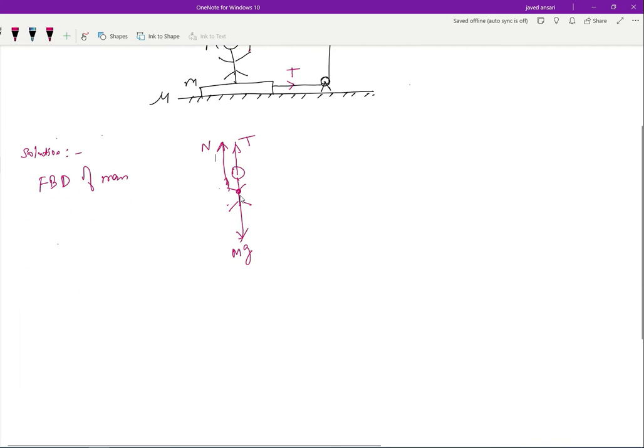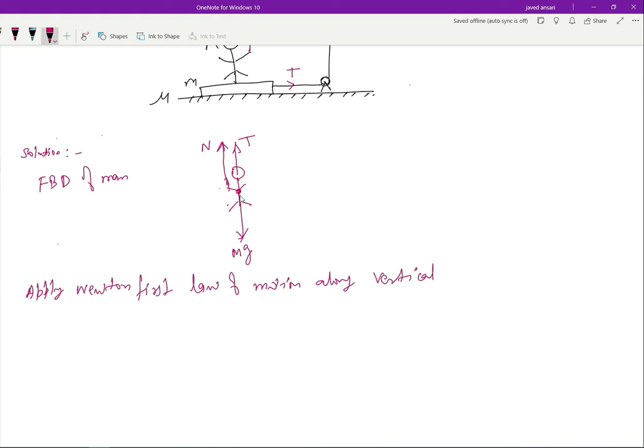Okay. So now let's apply Newton's first law of motion, because the whole system is static, there is no acceleration. So all forces should balance, right? So apply Newton's first law of motion along vertical direction. So what will happen?